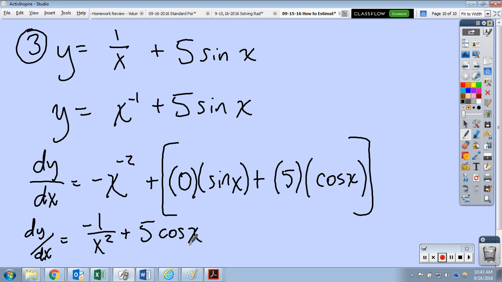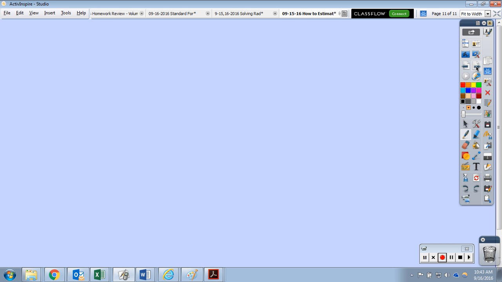So there's a couple of problems. I'm going to show you something that makes these interesting. If I say y equals the sine of x, y prime would equal the cosine x.